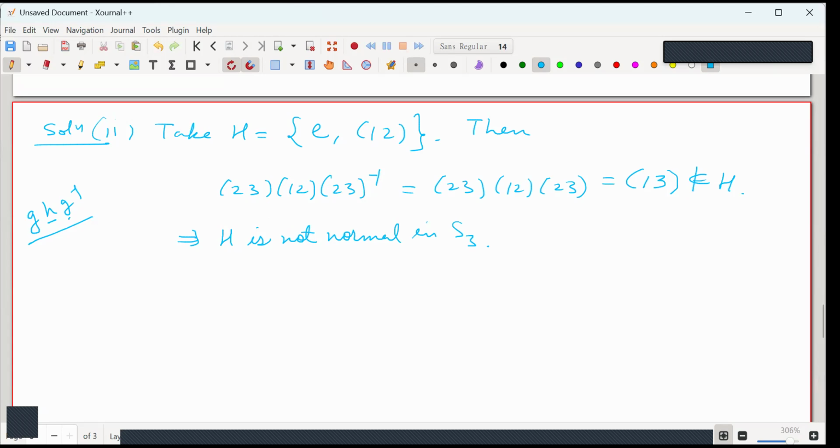And if you have, say, a five cycle and a three cycle, and you are conjugating it with some G and G inverse in S9, again you will get a five cycle and a three cycle. You cannot get anything else. The numbers inside can change, but the cycle type will be the same, provided you have disjoint cycles.